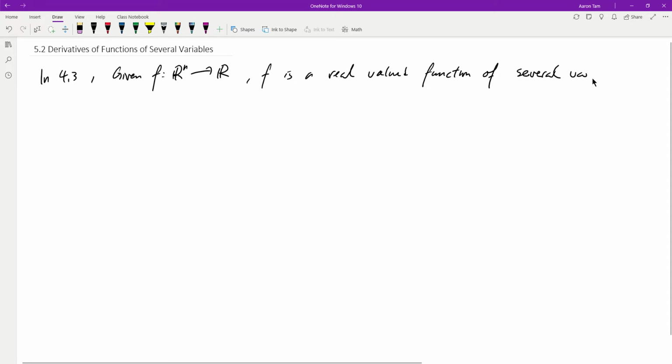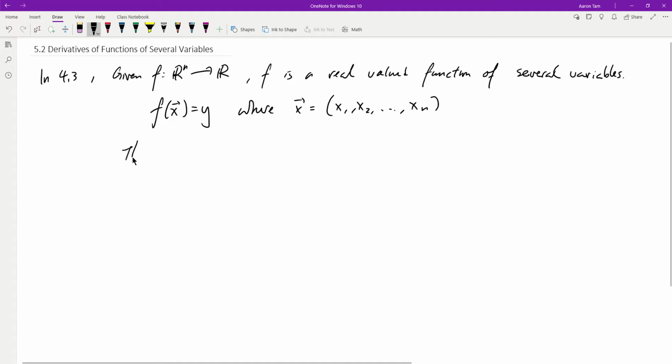The function would most likely look something like this: f of vector x equals y, where vector x is equal to x1, x2, to xn. So there are n variables that are just referred to as x, but with different subscripts, and the output is one single variable, which is y.